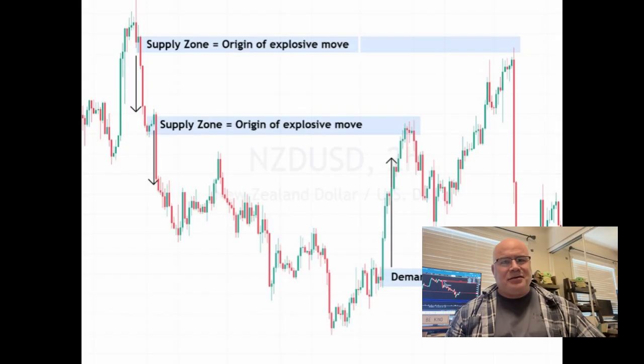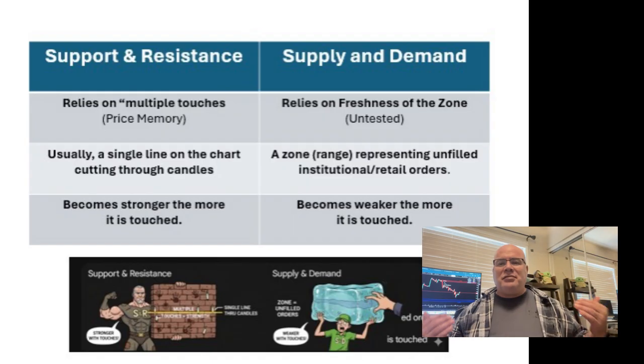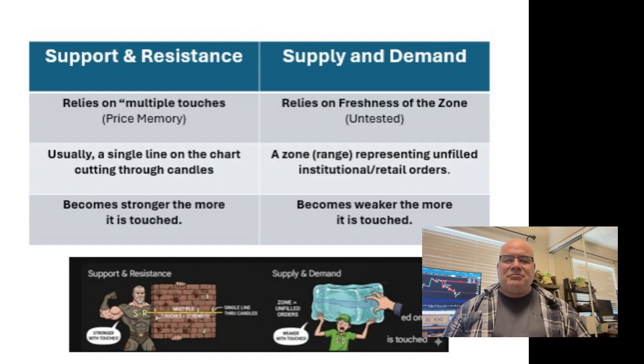Now, let's talk about what most people fail at. What is supply and demand versus support and resistance? Most of us retail traders have learned from the support and resistance mindset. On this table behind me in the video, you're going to see support and resistance on one side, and supply and demand on the other.